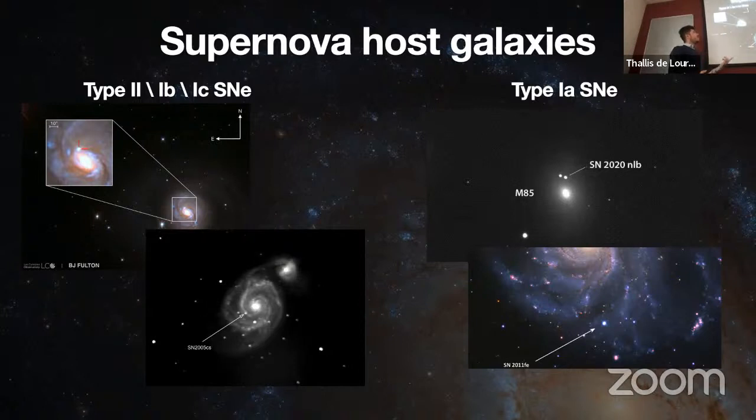And type 1A supernovae happen both in spiral galaxies and in elliptical galaxies. So this is telling us that these types of supernovae are related to a younger stellar population, because younger stellar populations are only present in spiral galaxies, while type 1A supernovae are related to older stellar populations because they are present in both types of galaxies.